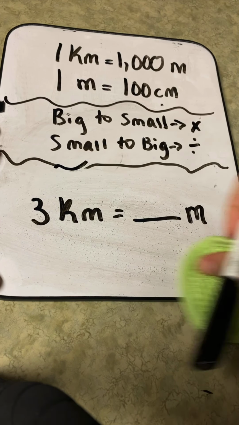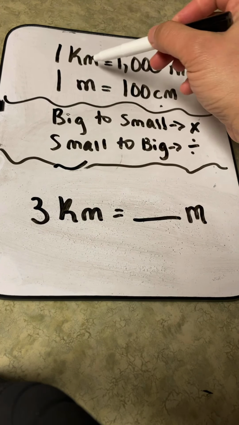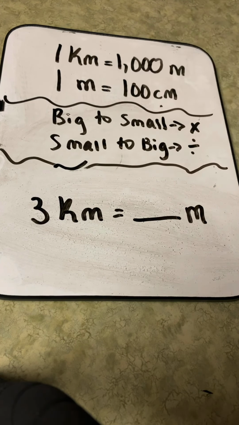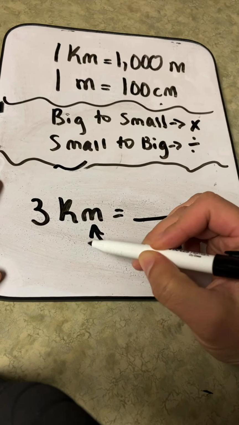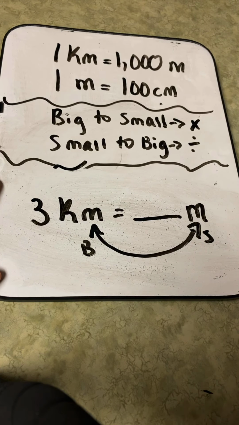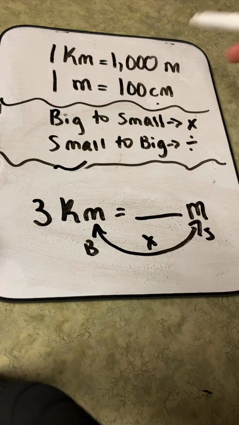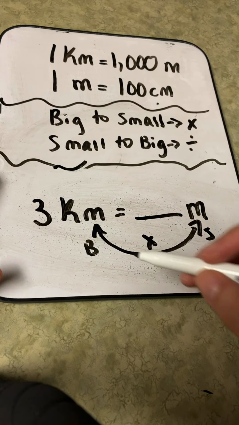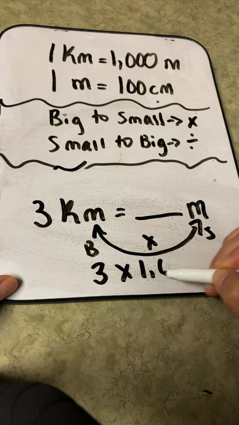Okay, so again, here we know that kilometers are bigger than meters because 1 kilometer equals 1,000 meters. So that means that we are going from a big unit to a small unit. So that means we're going to be multiplying. So since we know that 1,000 meters equals 1 kilometer, and there's 3 kilometers, we're going to multiply 3 kilometers times 1,000.